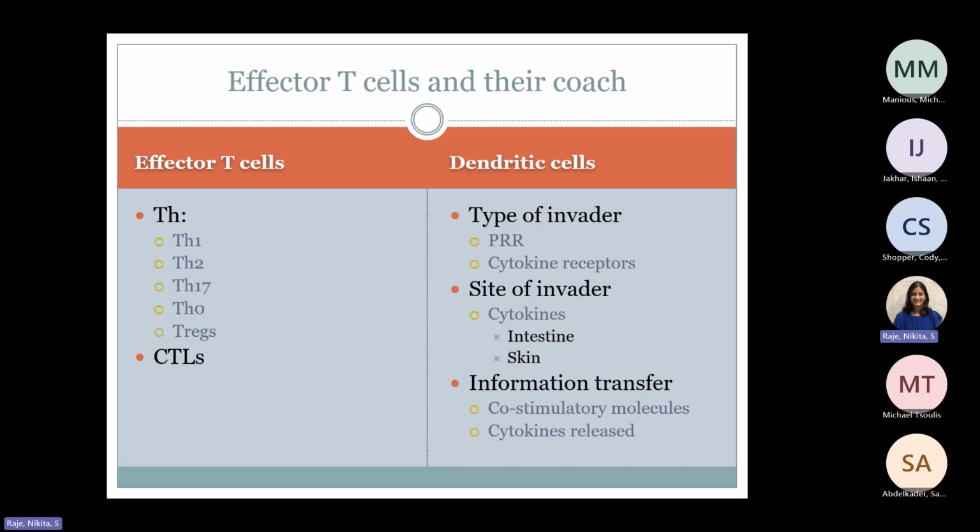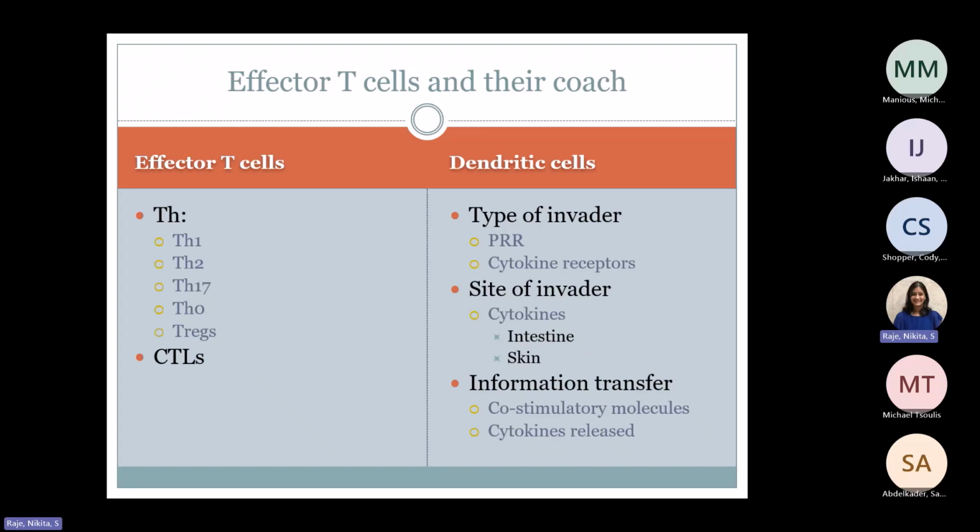Now the dendritic cells have the information, but they have to pass on that information to the T cells so that they can use it to make the decision of whether it's going to be the Th1 subset or Th2 subset, or which subset of the T helper cells is needed for that particular infection. The information transfer from the dendritic cells to the T cells occurs with the help of co-stimulatory molecules and the cytokines that are released.